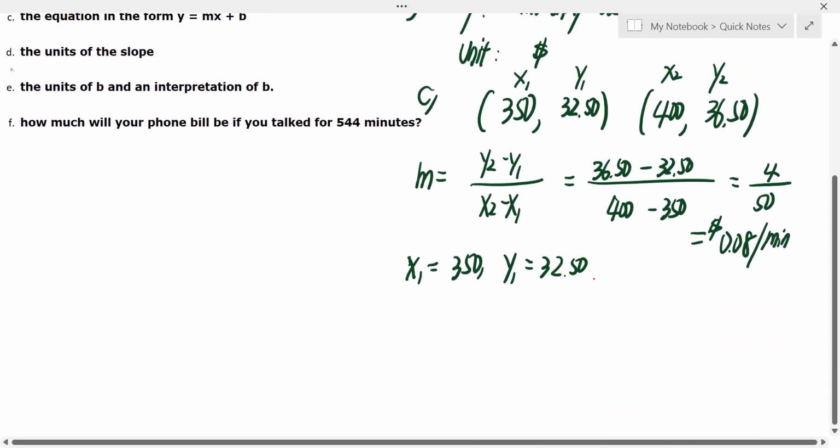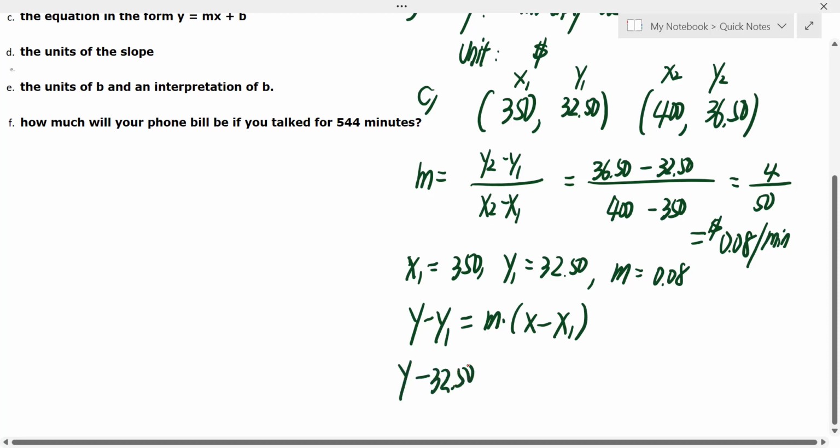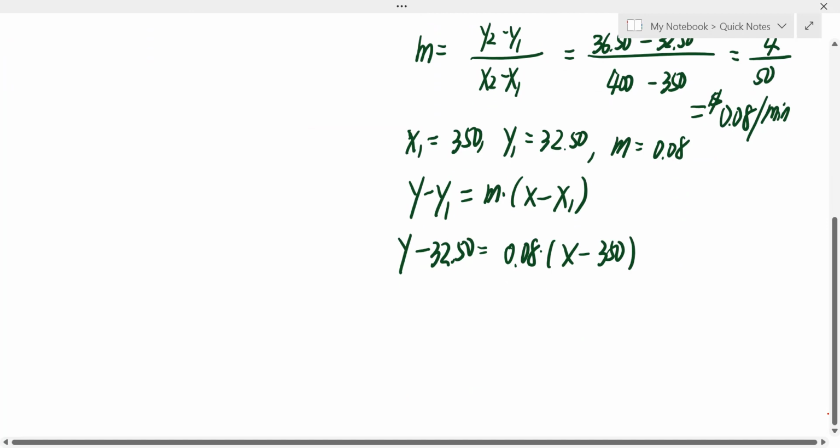Now we know the slope is 0.08, and we use the point-slope formula. Let's come up with the equation of the function. So replacing y1 with 32.50, slope is 0.08, and x1 is 350. Let's distribute it on the right. We get y minus 32.50 equals 0.08x minus 0.08 times 350, that is 28.